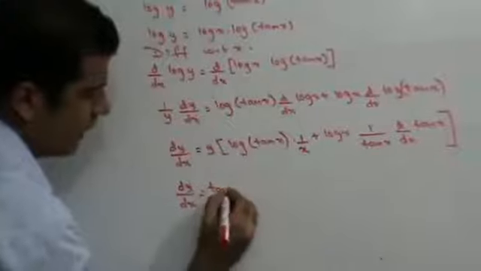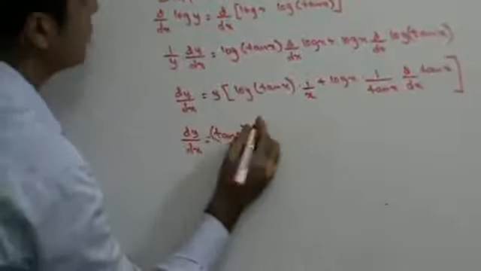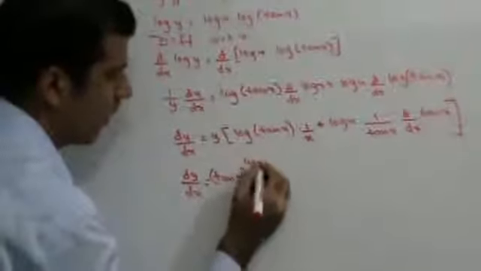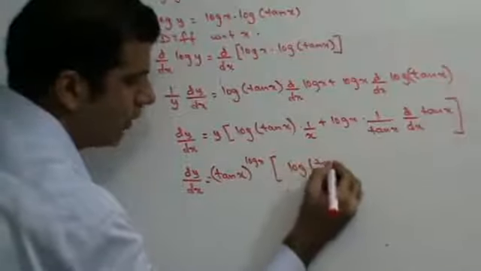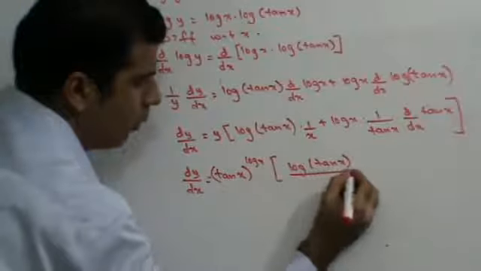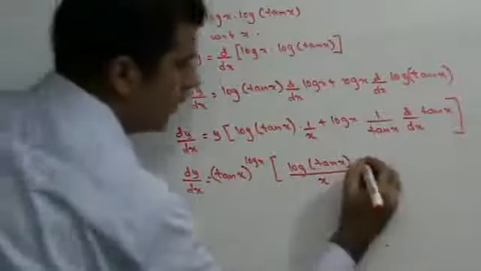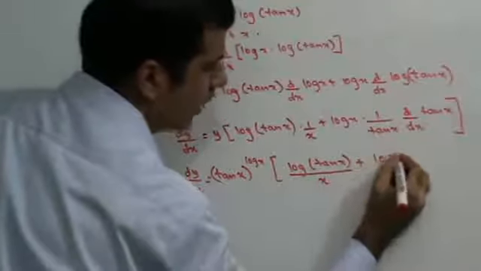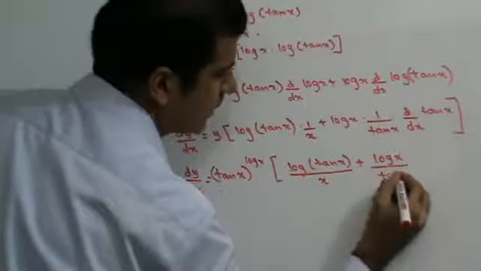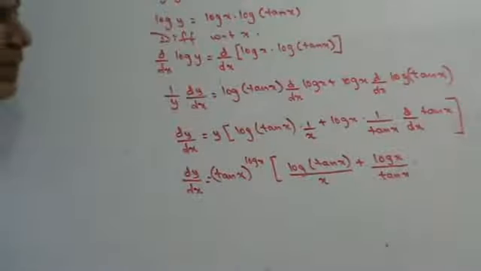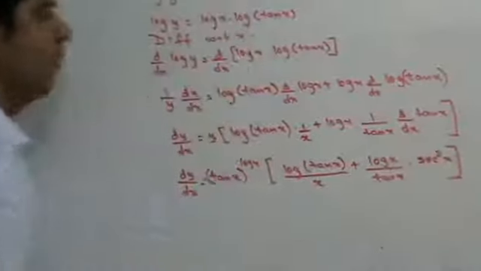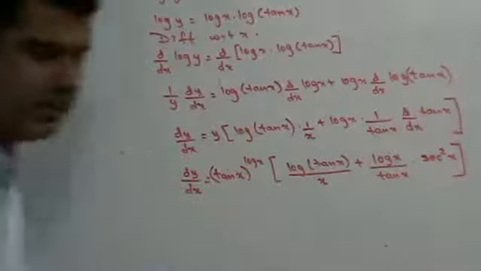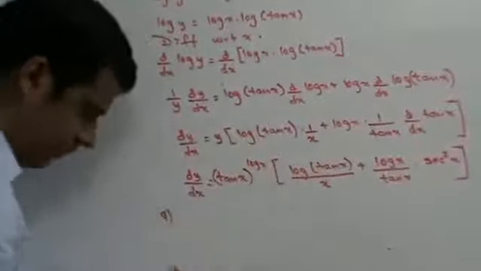So this will be tan x raised to log x multiplied by [log tan x upon x plus log x upon tan x, d/dx of tan x], which is nothing but sec² x. That will be your answer. Fine, do we get this? Let's see another sum, guys. Let's see if we can fit it here.